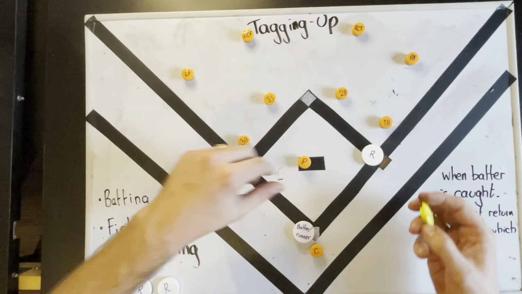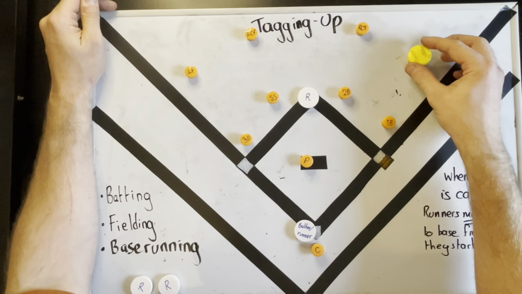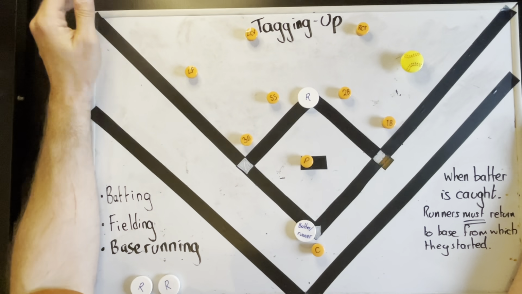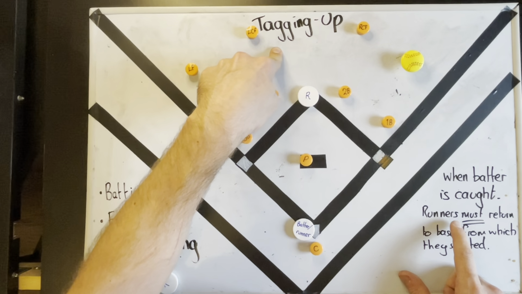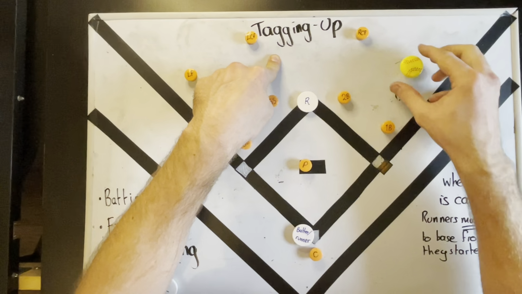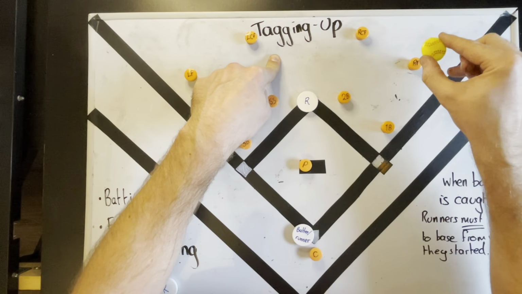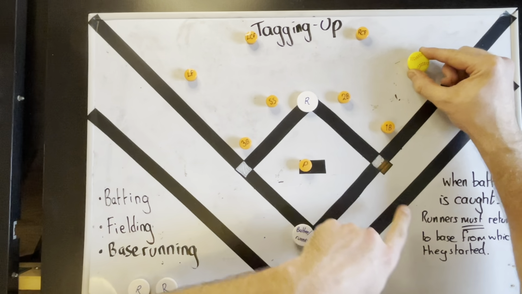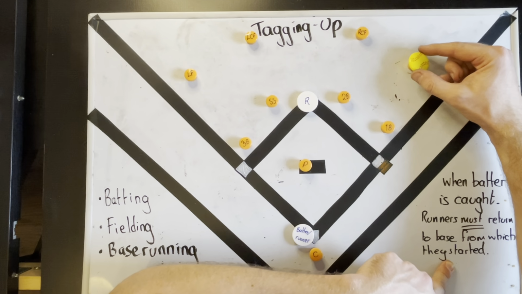But there's also an advantage for the base runners as well. As soon as it is caught, you can run, so long as you tag up. This is where the name comes from, tag up play. So if the batter hits the ball nice and high in the air, it is caught, you can then go back to the base from which you started and then run.